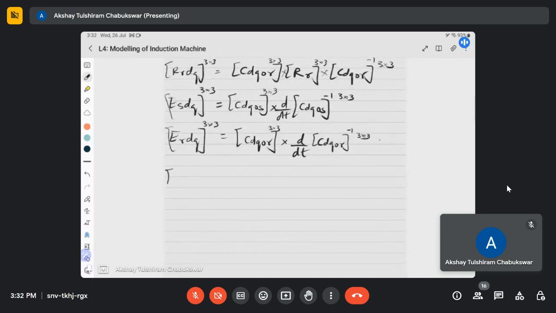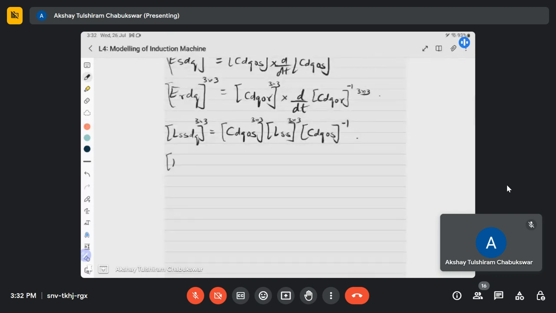Last, we have to write the values of the last 4 matrices, which is nothing but L_SS dq, 3 cross 3. What is the value of L_SS dq? This is nothing but C_dq0s into the original L_SS matrix, which is 3 cross 3, into C_dq0s inverse. Similarly, L_SR, sorry, not L_SS, L_SR in dq.